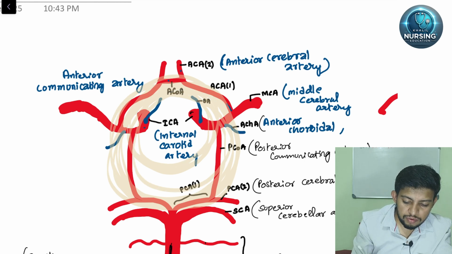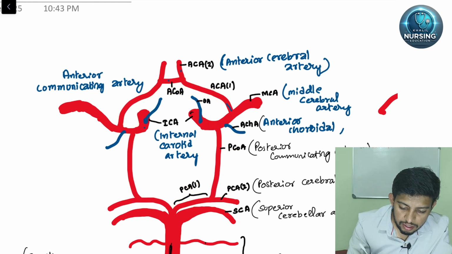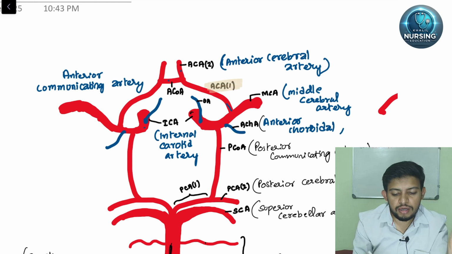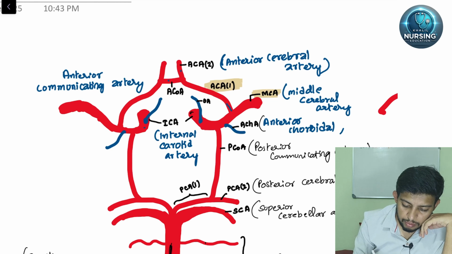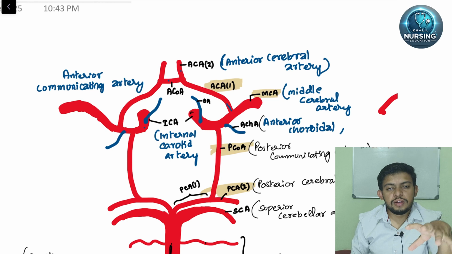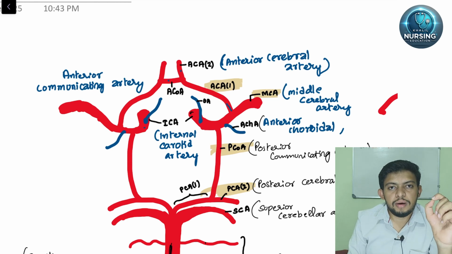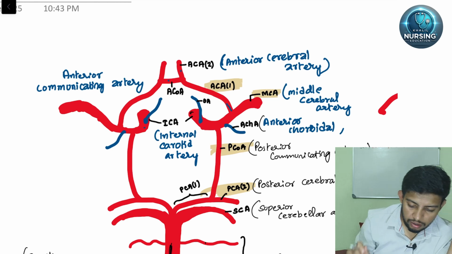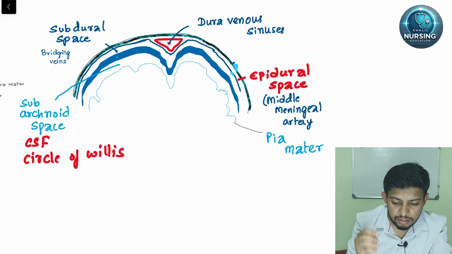In it we will see the anterior cerebral artery, the middle cerebral artery, the posterior communicating artery and the posterior cerebral artery. They are all present in the subarachnoid space. Clear? Okay.